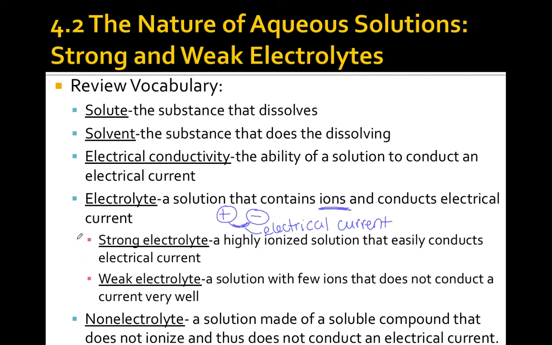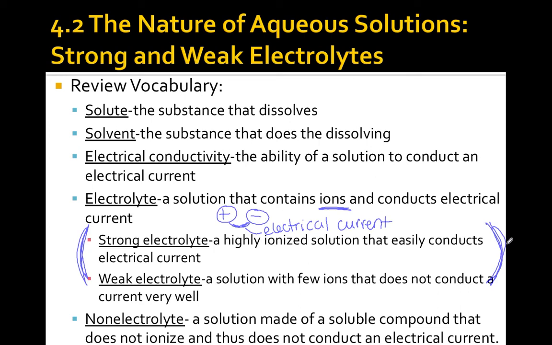The one thing that is new that I want to introduce to you today, and like I said, we will do a demo and look a little bit more at this tomorrow, is the difference between strong electrolytes and weak electrolytes. So a strong electrolyte is a highly ionized solution that easily conducts an electrical current.